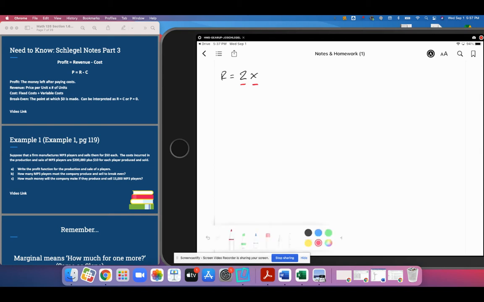Lastly, in our definitions there, everyone, we do have two different types of cost. We have costs that are considered fixed costs, and these are things like, if you owned a salon, renting the building, paying for electricity, paying for air conditioning, those sorts of things. Variable costs are costs that change as you produce and sell items or as you do your business.